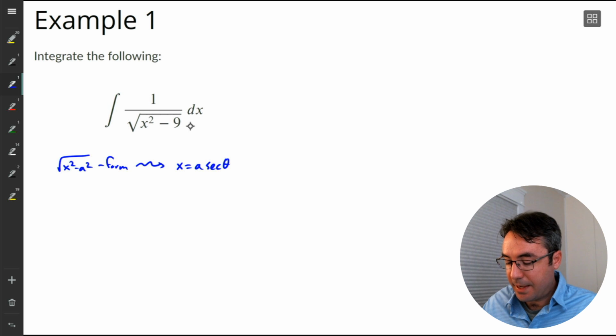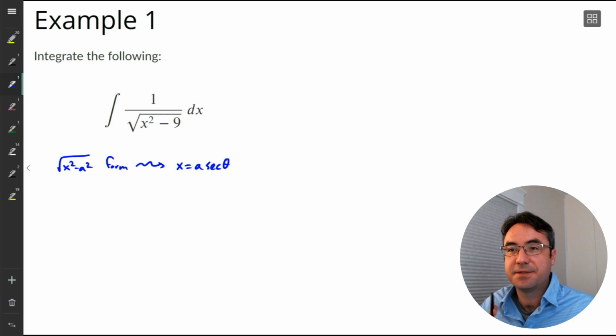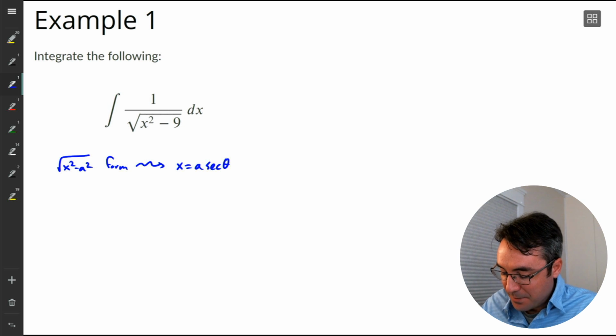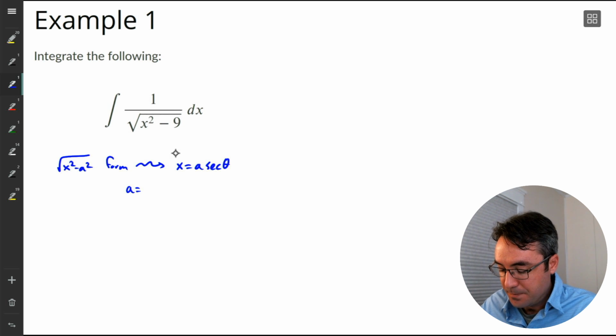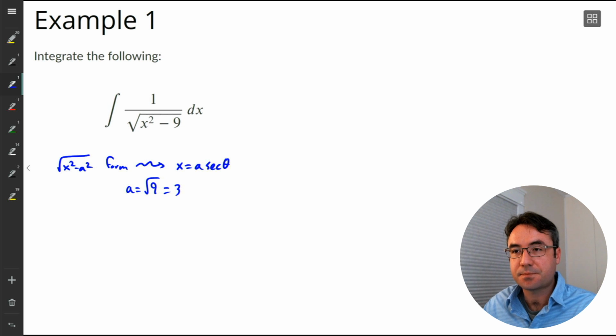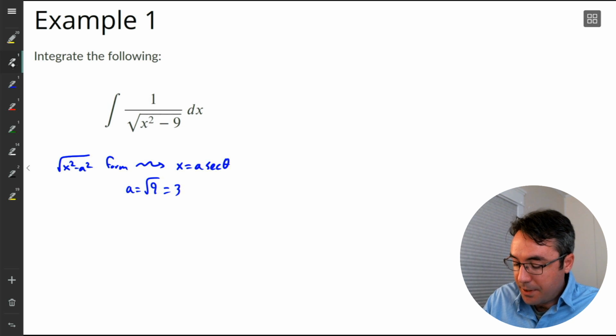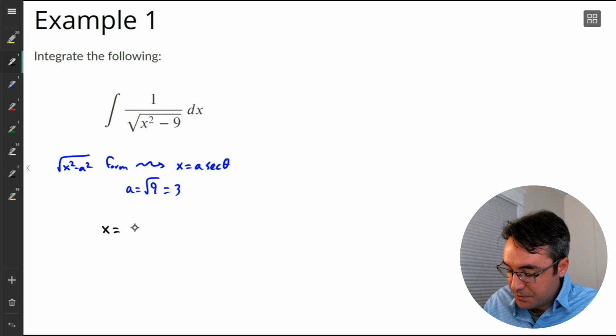And how do we pick a? Well, remember, a is just the square root of that constant that we see under the square root. So it's square root of 9, which is 3. So that means we're going to pick x equal to 3 times secant theta.